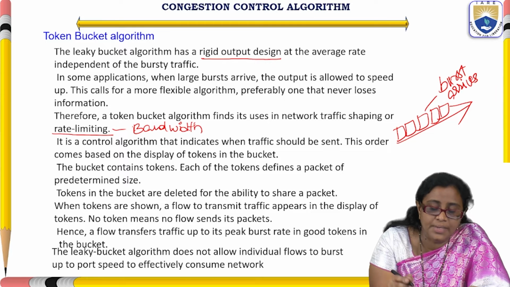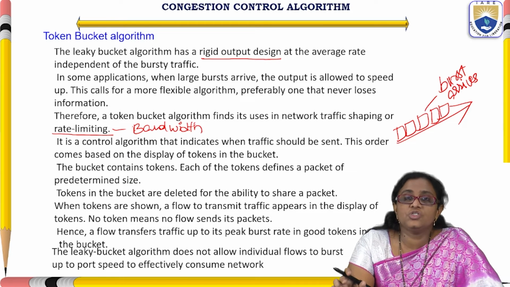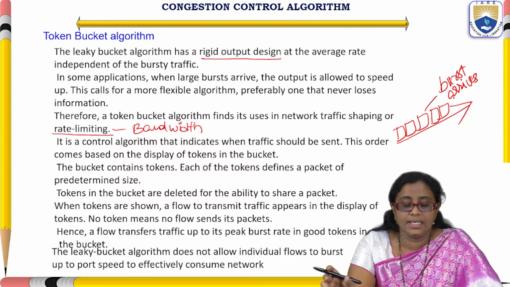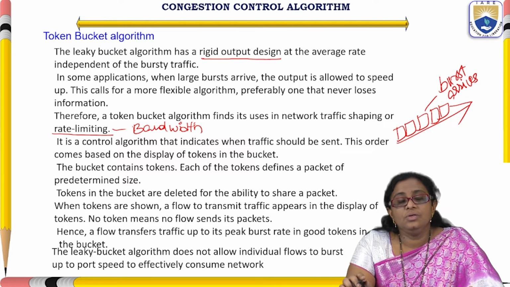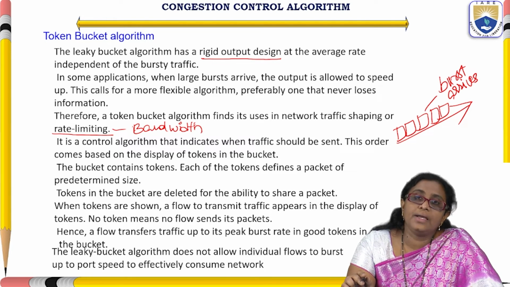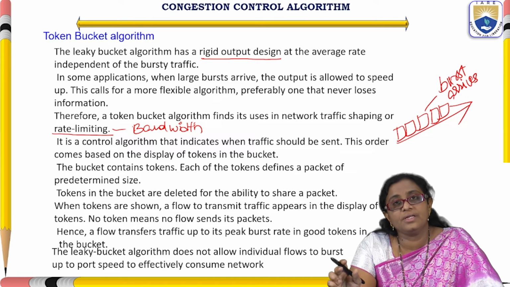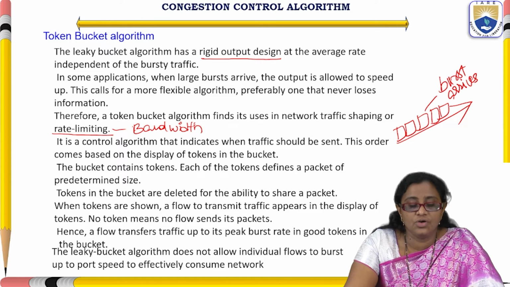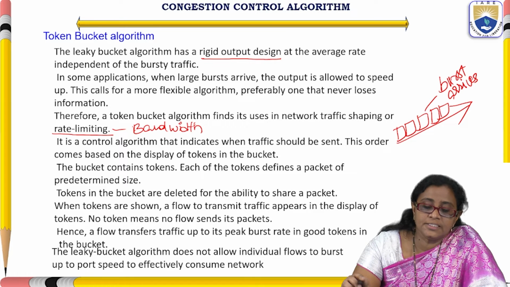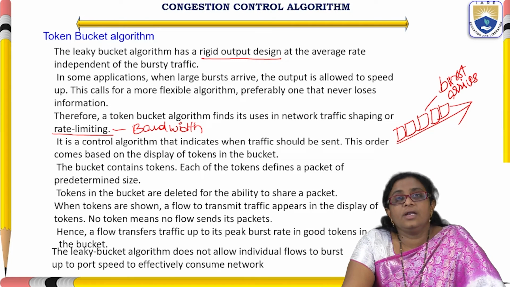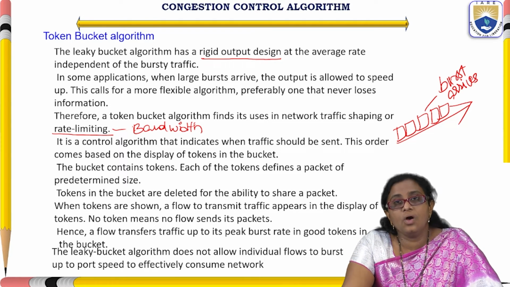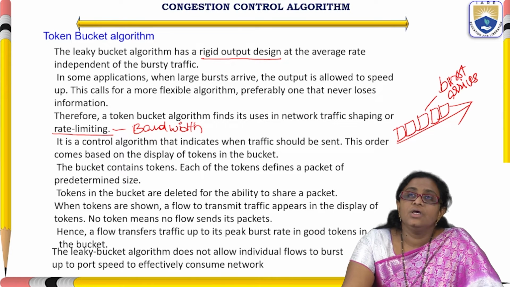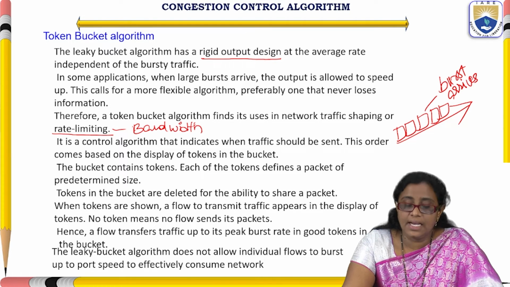Rate limiting means the rate of transmission of data packets on a particular path in bits per second, and bandwidth is also the transmission of data packets in bits per second on a particular logical connection established by a network layer. So we can define the token bucket algorithm as a control algorithm which indicates when traffic should be sent.